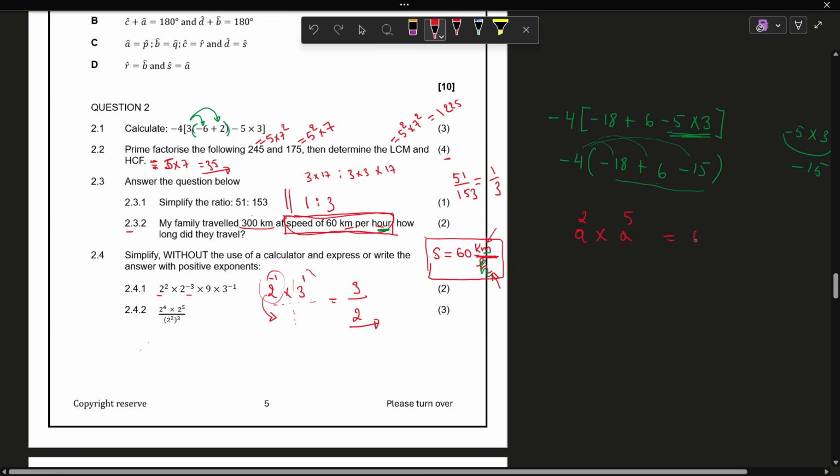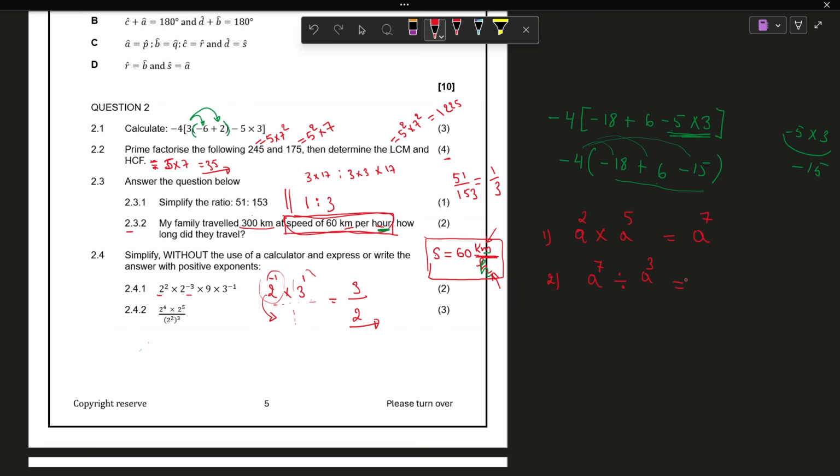What do I get? The law says I must just add up the exponents. It's going to be 2 plus 5, which is 7. That's the first law. Second law, if I've got a exponent 7 divided by a exponent 3, basically what I'm going to have is a subtraction.